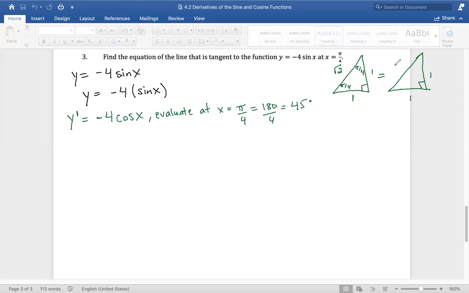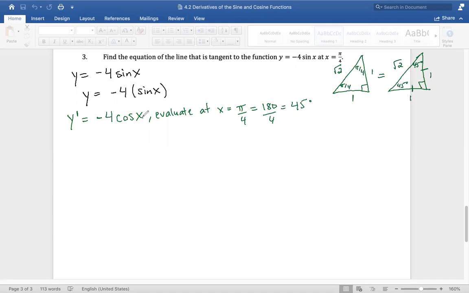Again, 1, 1, square root of 2. So here's my 90. Again, we already did pi over 4, 180 divided by 4 is 45 in this corner and 45 degrees in this corner, which makes it isosceles, so these 2 sides are equal, which means these 2 angles are equal, right?